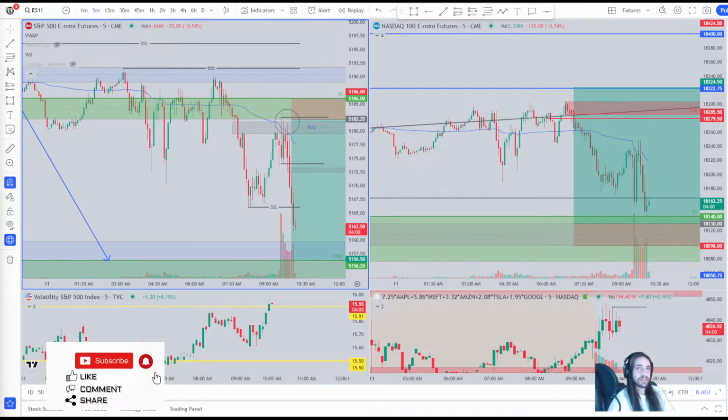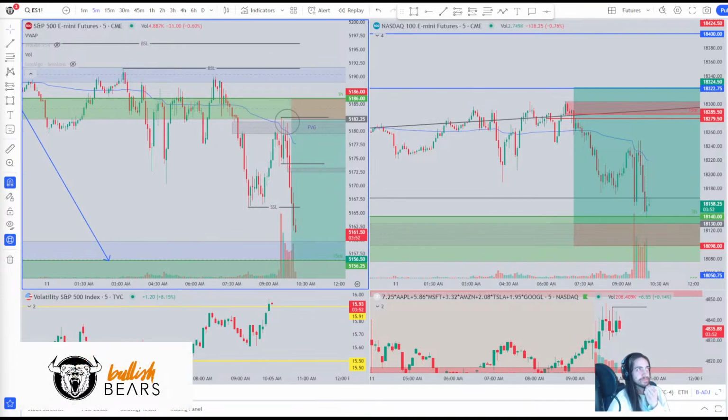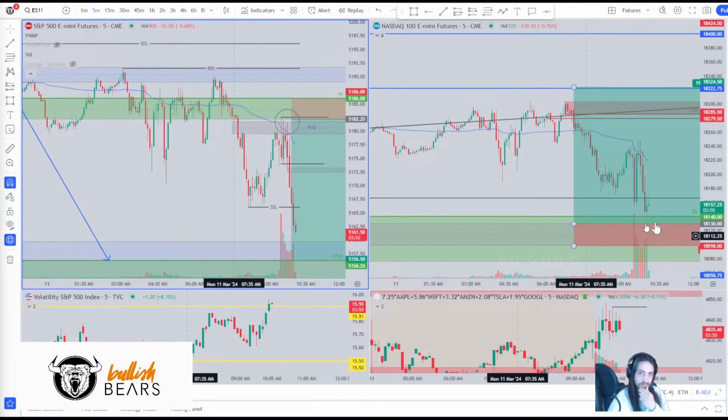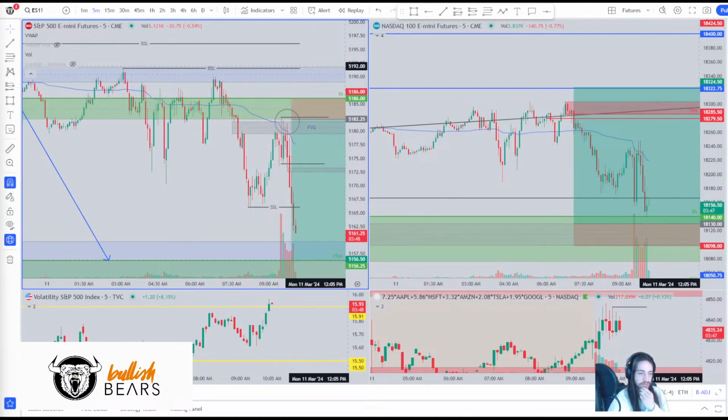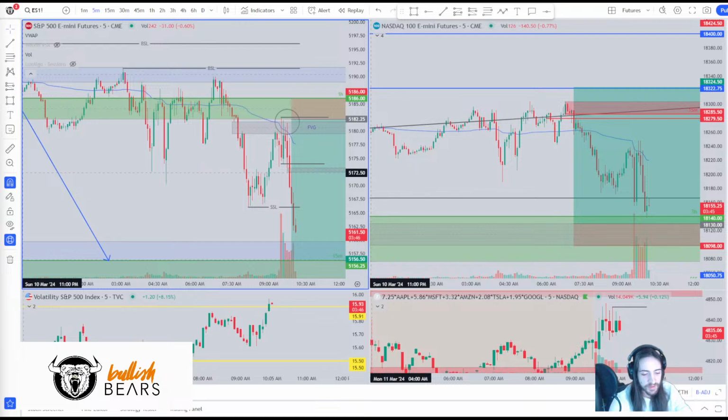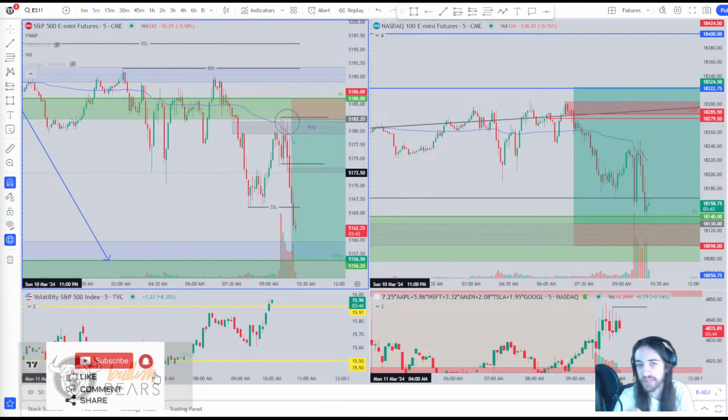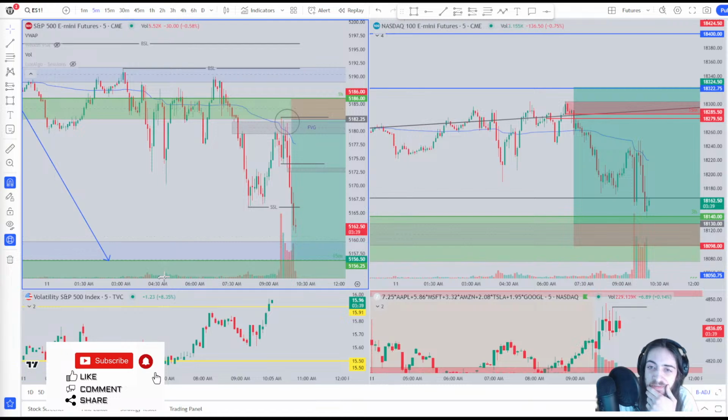Still can't believe ES, it's not working on Bookmap MTOS today. I think Nasdaq's going to want to continue here. I sort of want to take some Nasdaq shorts, but not rushing it here.